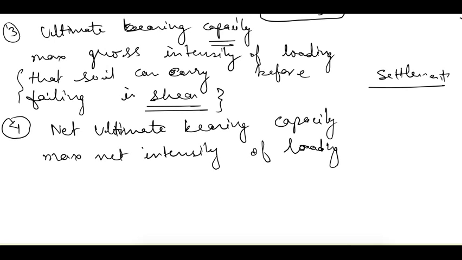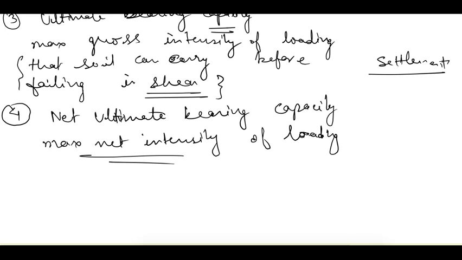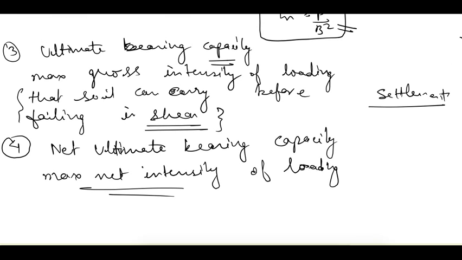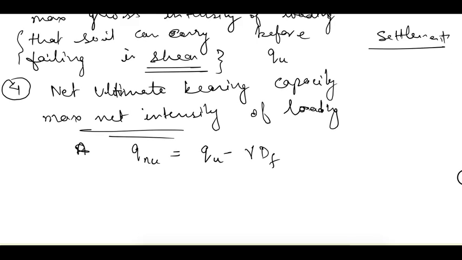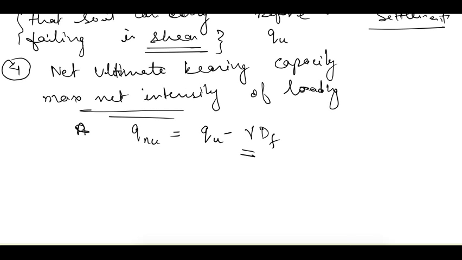And how do we denote the net intensity of loading? Let's say the ultimate bearing capacity is denoted with Qu, then the net ultimate bearing capacity, Qnu, would be equal to Qu minus gamma Df. Earlier we saw the difference between gross and net. In net we deduct the overburden pressure because it was there already before the construction.